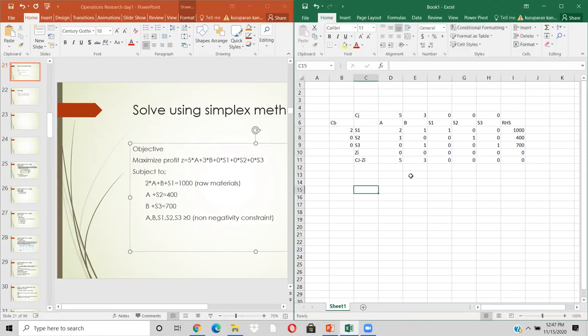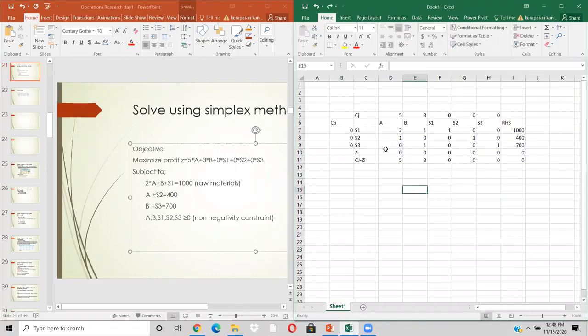Think about it that way. What will be the value here? 2 into 1 is 2, plus 0 into 0 is 0, 0 into 1 is 0. So this will be 2. Fine.